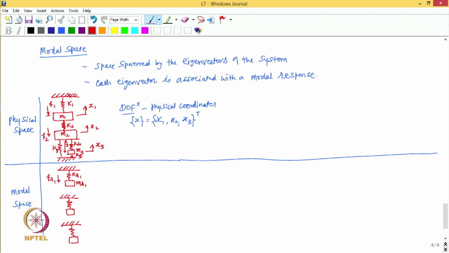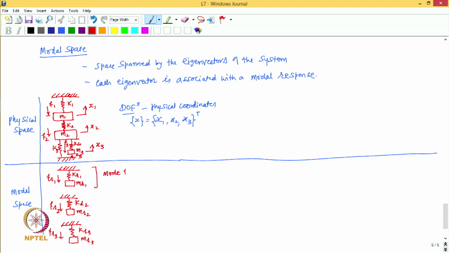Similarly, the second system has stiffness Kr2, mass Mr2, and force acting is Fr2, the modal force for mode 2, and then we have Kr3, Mr3 and Fr3. So, this first system with properties Kr1, Mr1 and Fr1 corresponds to mode 1.